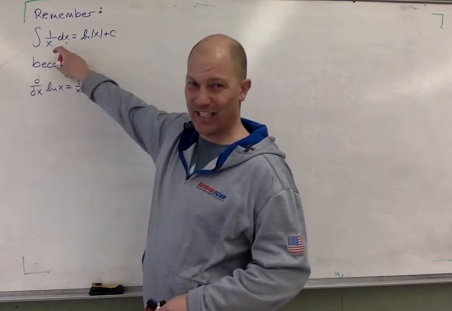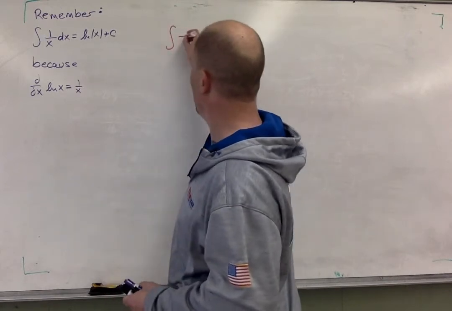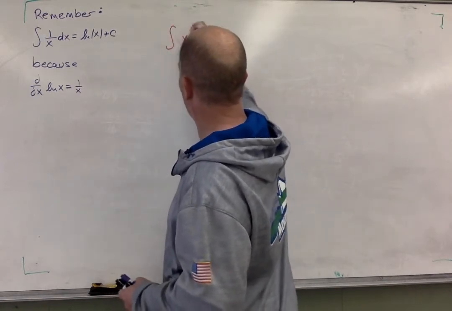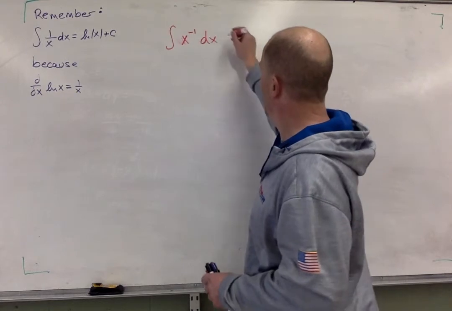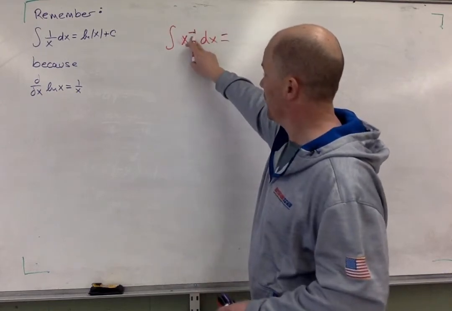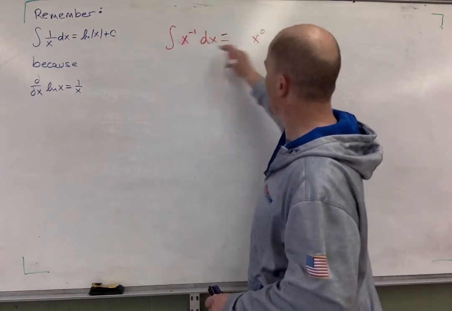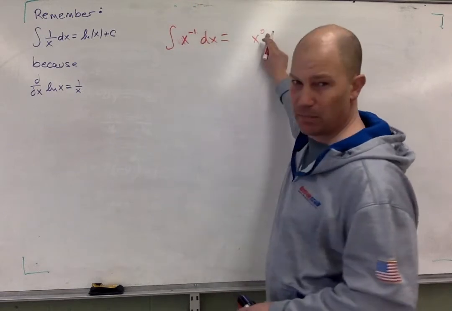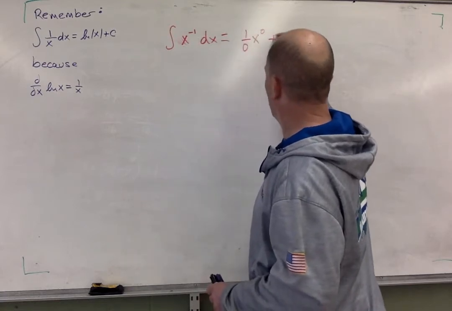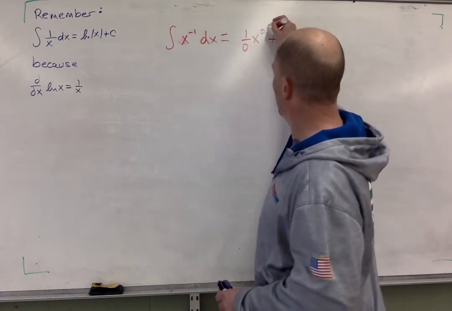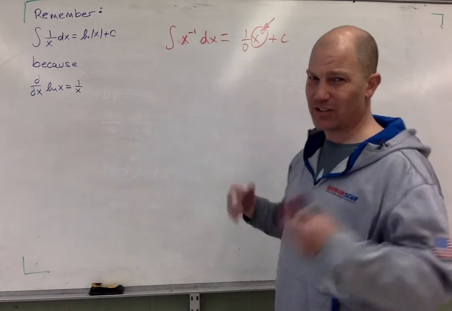And then we also kind of talked about, at one point, why this isn't just an easy integral, because some of you might be thinking that we can rewrite this as the integral of x to the minus 1 dx, right? Which would make sense, but then when we start to try to integrate this, we would raise this up, so that would become x to the 0, and then we've got to multiply by the reciprocal of this, and then we do the plus c, and well, we know that this part here would just be 1, and then we're dividing by 0, so it's all bad news.